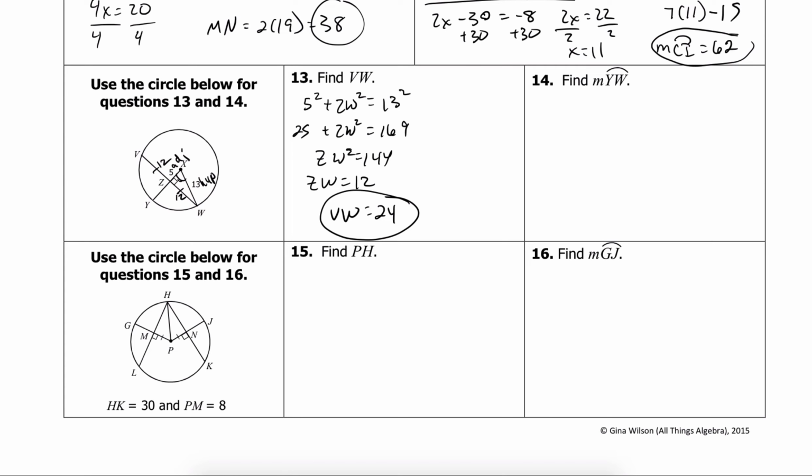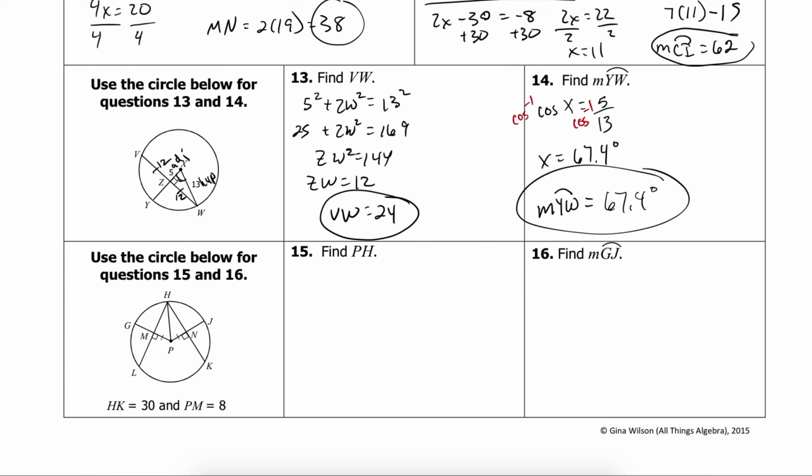So I'm going to say cosine of the angle, we'll just call it angle x, equals the adjacent side over the hypotenuse. And I'm going to take the inverse cosine of both sides. When I do that in my calculator, remember that inverse cosine, second cosine, I get that that angle was 67.4 degrees. So that means that the intercepted arc, the measure of arc YW, is also equal to 67.4 degrees.